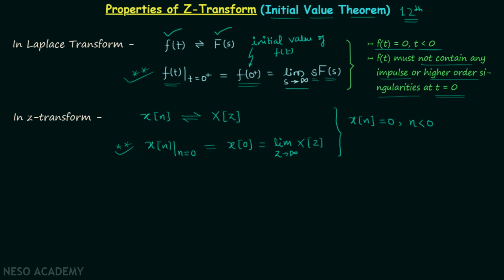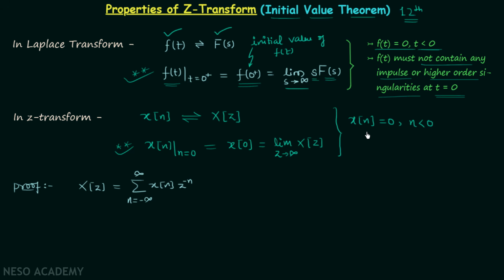Now we will prove the initial value theorem in Z transform, and for that I will first write down the Z transform X(z). We know it is equal to summation n equal to minus infinity to plus infinity signal x[n] multiplied to z power minus n.